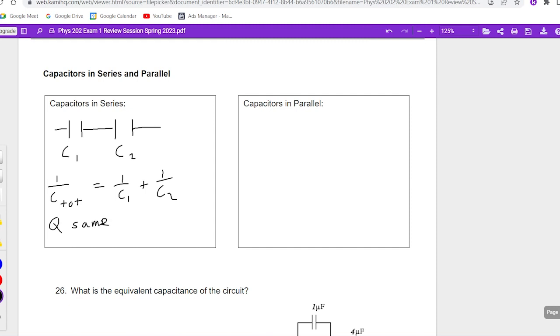So what I'm saying is Q1 equals Q2 for the two capacitors in series. Same charge. However, what's different is the voltage. The voltage is V, we would say they sum. And all I mean by that is the total voltage is equal to V1 plus V2.